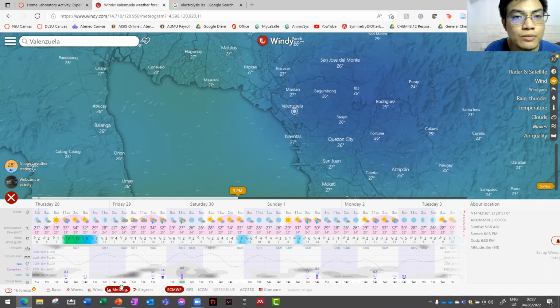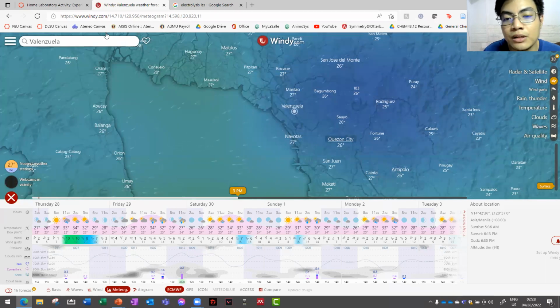If you don't have a thermometer with you, you can use the temperature given in this website as well. So by the time I did the experiment, it was 27 degrees Celsius. Again, the temperature and the pressure can be obtained from Windy. So just go to Windy and look for your area.